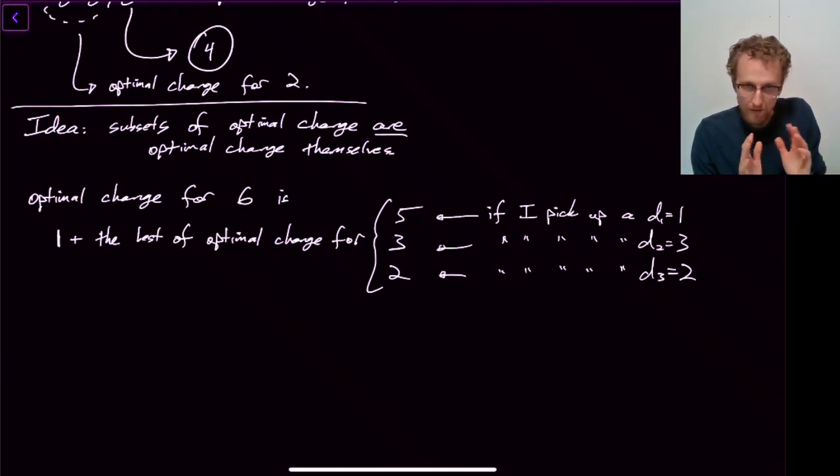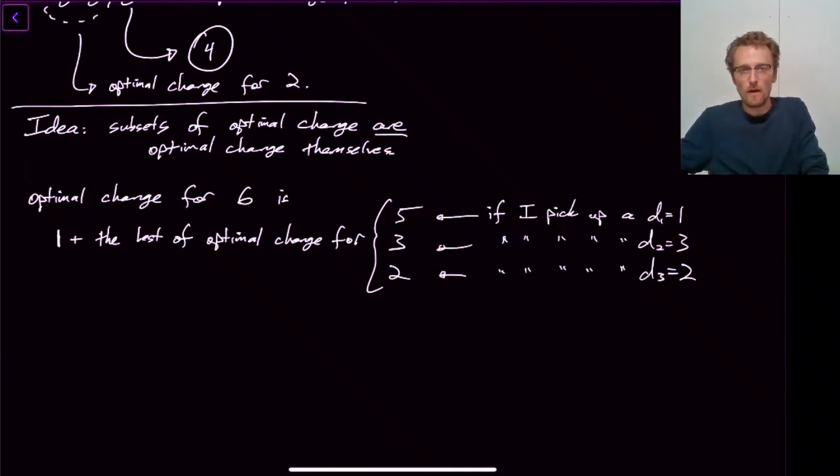And if I can identify which one is contained in optimal change for 6, by some means, then I can use that information to figure out what is optimal change for 6. Well, it's just optimal change for one of those other ones plus one more coin, right? There's only 3 different denominations here. So there's only 3 different coins that I can subtract from 6. So if I identify where those subtractions take me, then I know where to go.